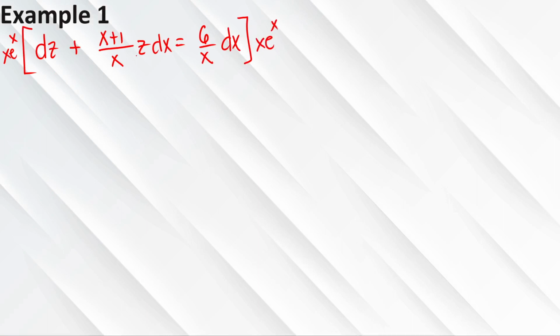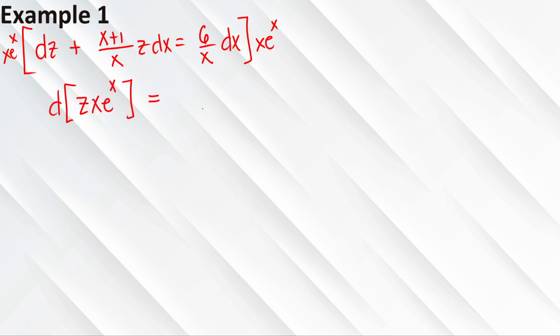And by doing so, dahil first order linear differential equation ito, syempre yung left side ay magiging exact differential. Derivative na ng product. Product ng alin? Nung z, kasi linear in z tayo, times yung integrating factor na x e raised to x.